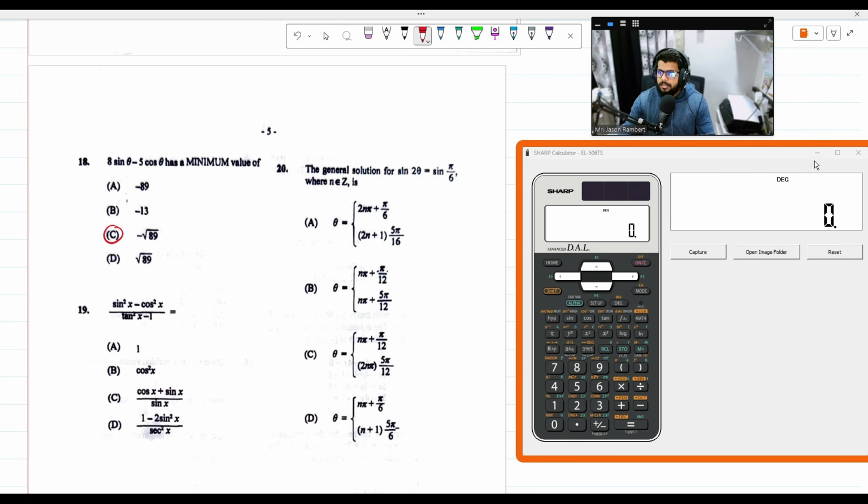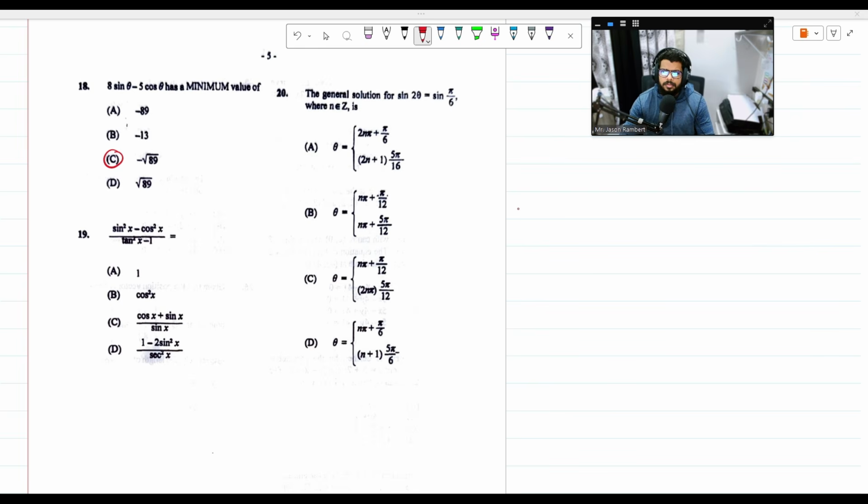Alright, so number 19. Let's go through the proof for this one. Sine squared x minus cos squared x. I have 3 identities for that. I'm just going to put 1 minus 2 sine squared x and see where we go. Tan squared x minus 1 is going to be sine squared x over cos squared x minus 1, which is sine squared minus cos squared over cos squared.